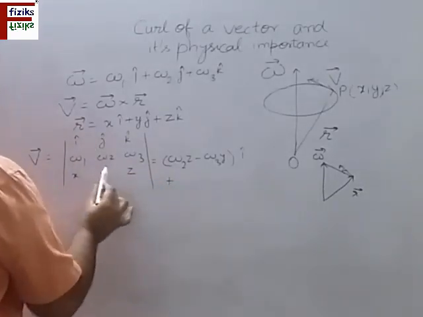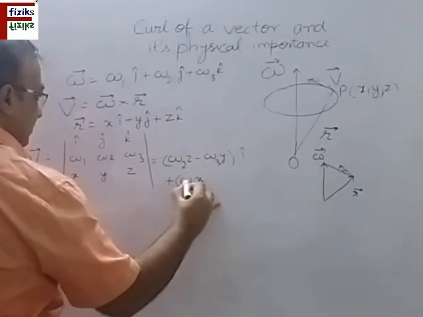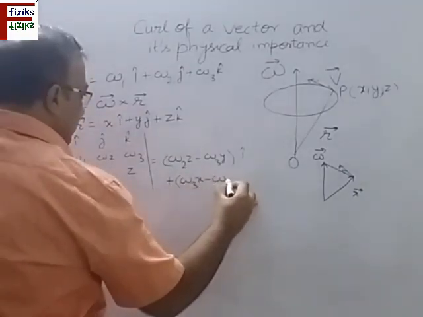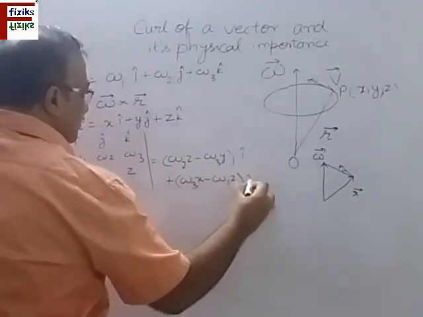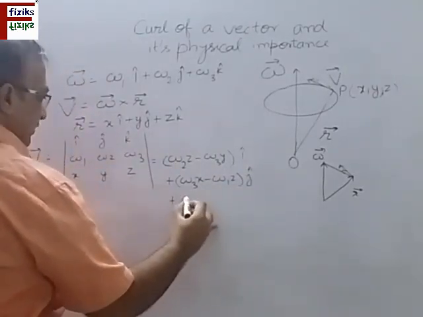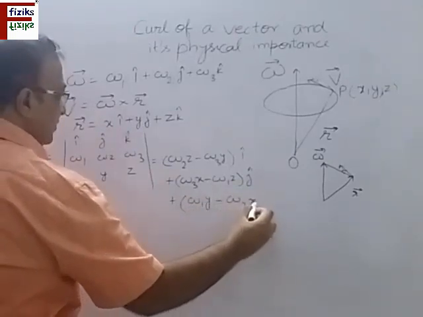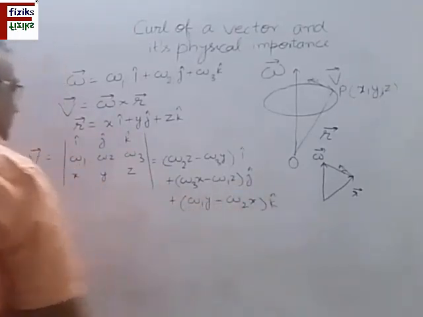So if I write a plus sign here, this is omega 3 x minus omega 1 z j, plus omega 1 y minus omega 2 x k.